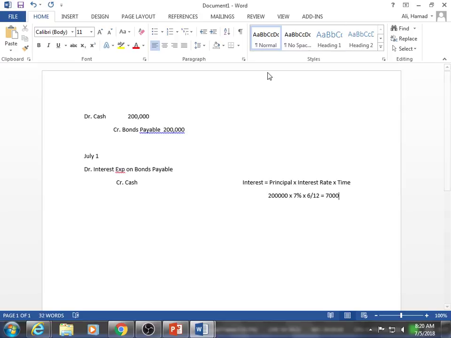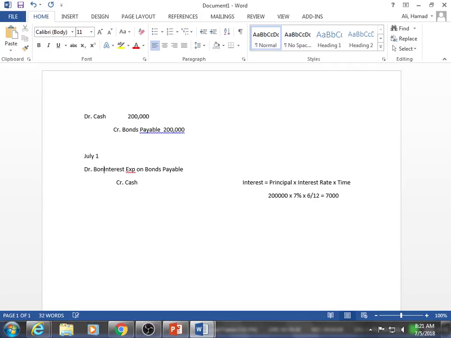So we go back to interest expense on bonds payable, or you could say, let me put it in a better way, bond interest expense, and remove the words bonds payable.